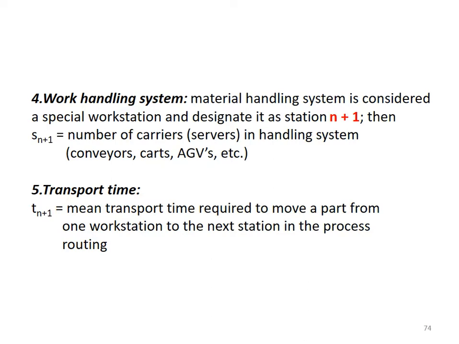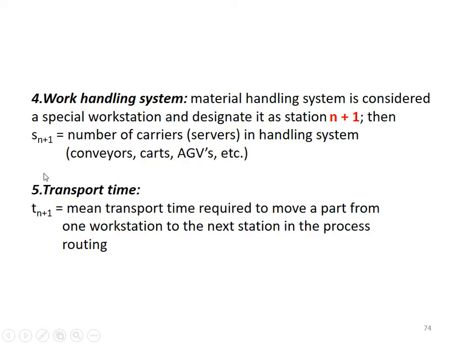So it is additional work which is added after the active contribution to the design of the part is done. And next we have transport time. Mean transport time is the time for transporting a part from one particular machine to the other, which is denoted as Tn plus 1.